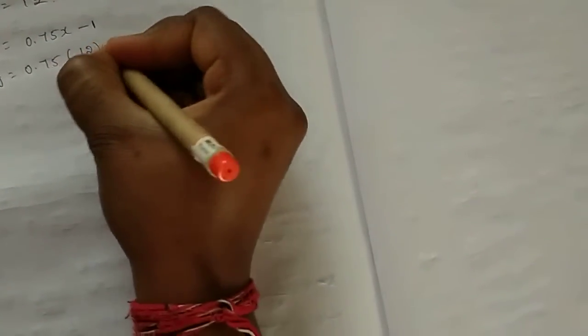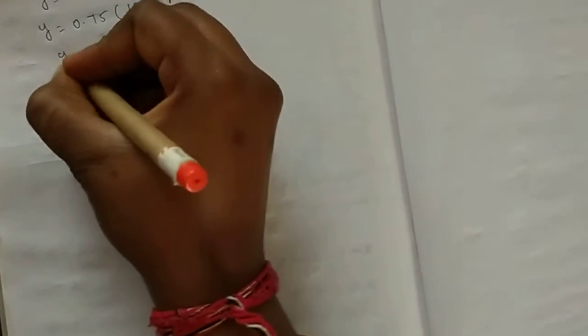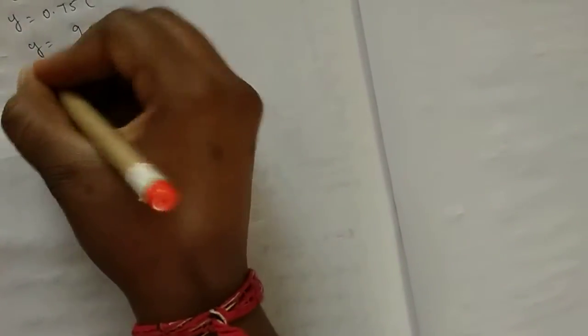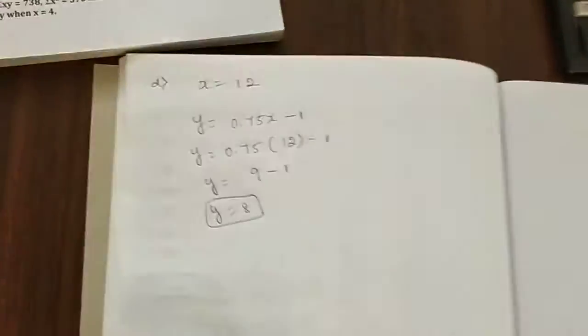Y is equal to 0.75 into 12 minus 1. 0.75 into 12 is 9, minus 1. Y is equal to 9 minus 1, which is 8. So if the service is 12 years, then the income is 8. So this is the answer.